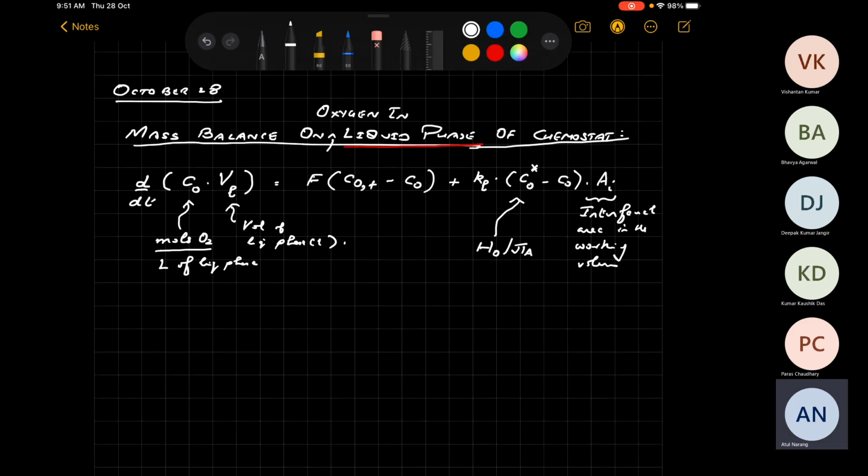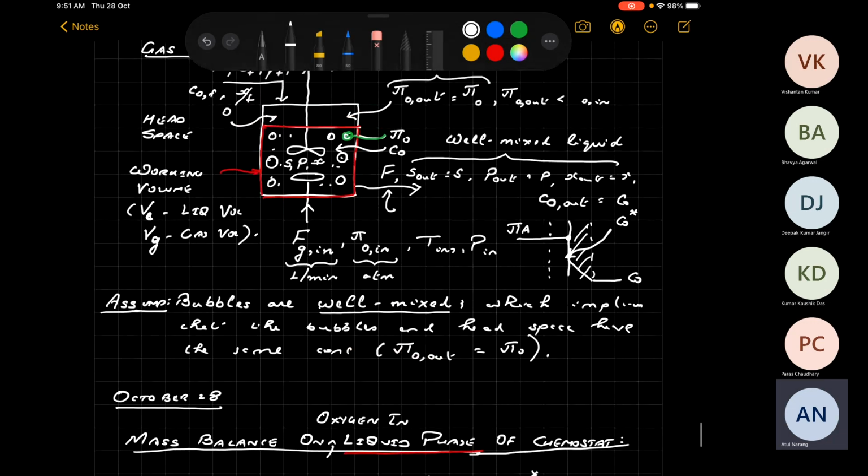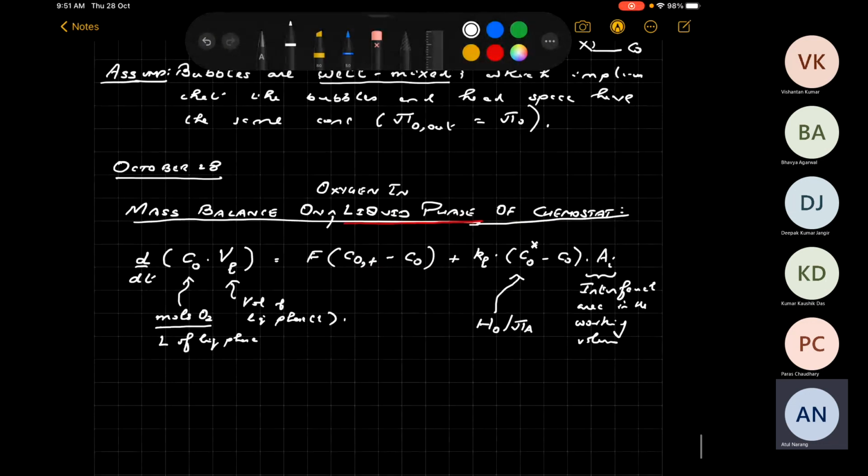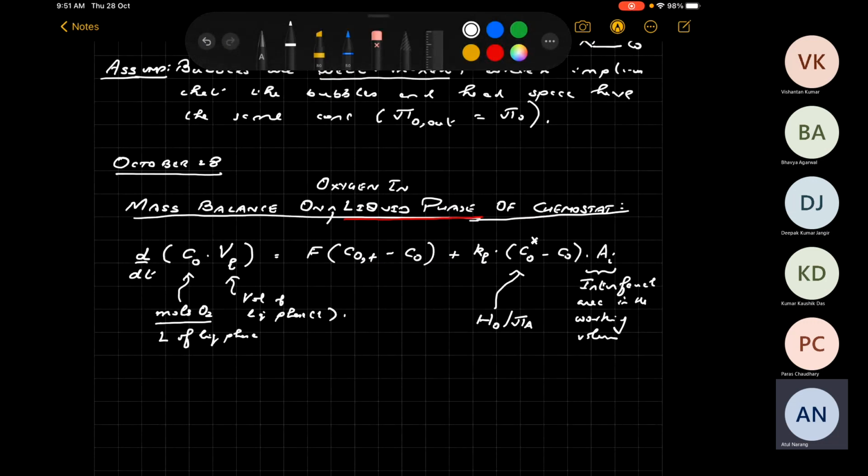Now, we have talked about the rate at which oxygen is being pumped in, partly by the liquid stream and partly by the transfer of oxygen from the gas phase to the liquid phase. But we still have to talk about the rate at which oxygen is being consumed in the liquid phase.